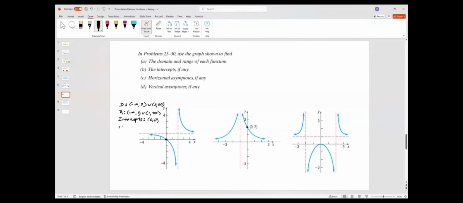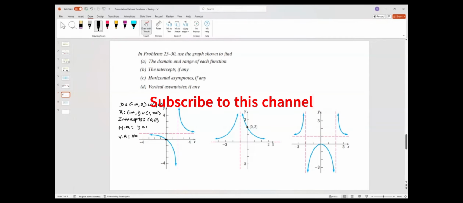Horizontal asymptotes, yes. This horizontal dashed line, y equals 1, is a horizontal asymptote. Vertical asymptotes, yes. This vertical dashed line, x equals 2, is the vertical asymptote in this case.